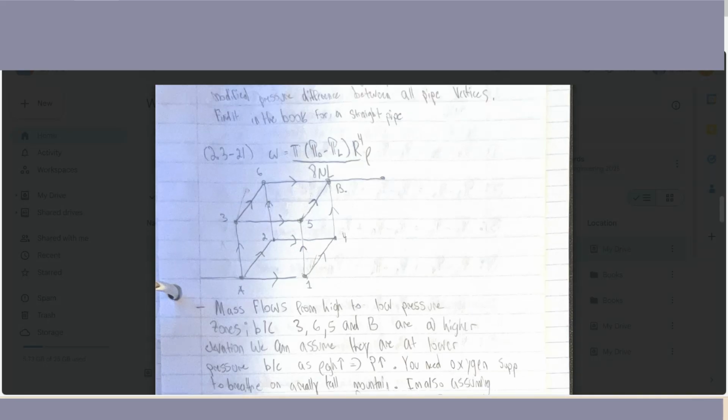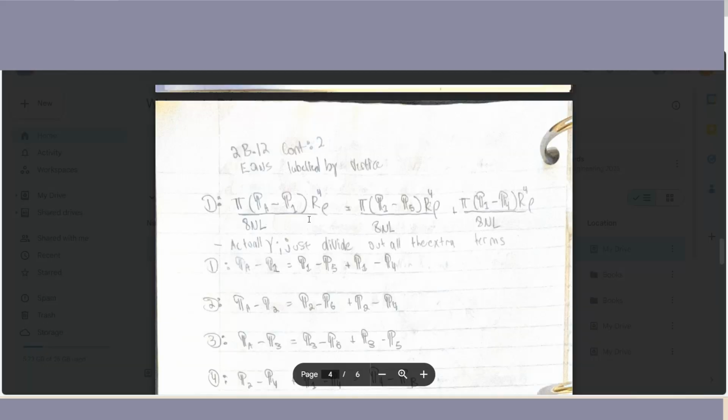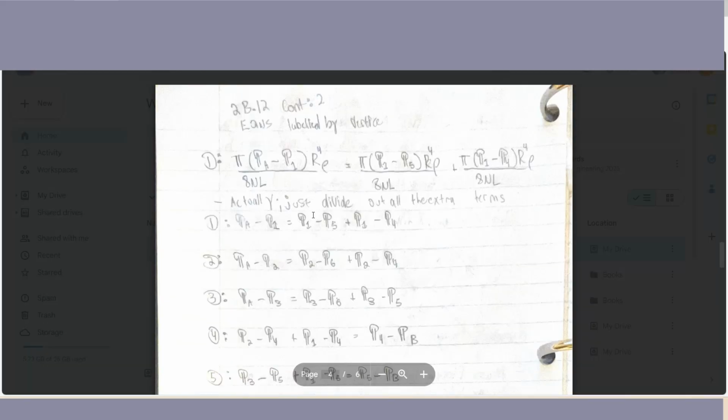So the mass flow rate is this equation, and the point balance at point 3 is just going to be this pressure A minus pressure 3 equals pressure 3 minus pressure 6 plus pressure 3 minus pressure 5. So basically we're just going to go to that. At point 1, it's going to be PA minus P1.